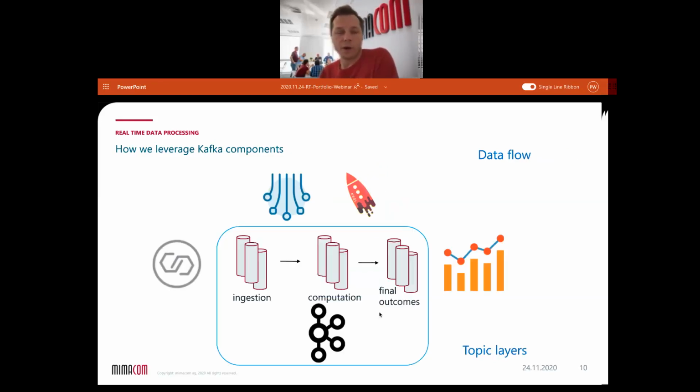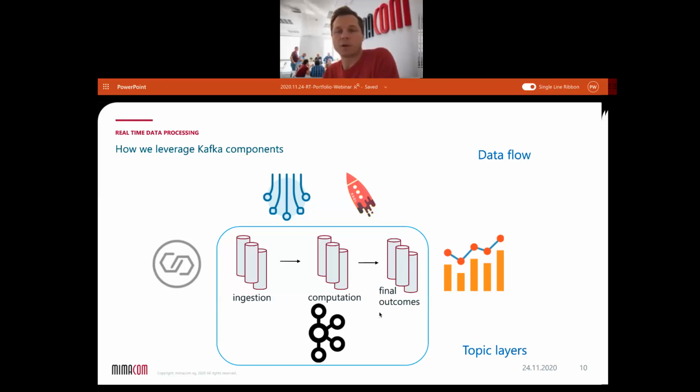To summarize, on the left you see Kafka Connect, which completely fulfills our needs to ingest data. In the middle, there is KSQLDB and Streams API, which helps us a lot to calculate all the metrics for financial products.